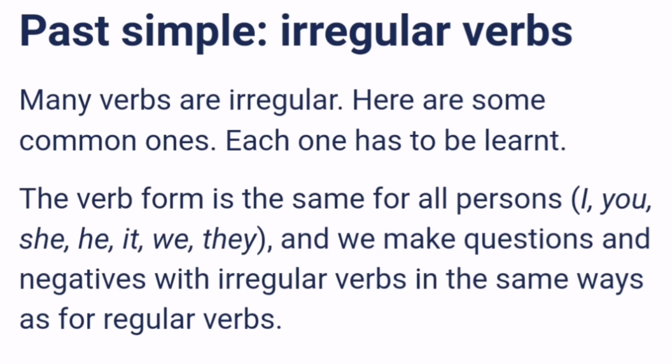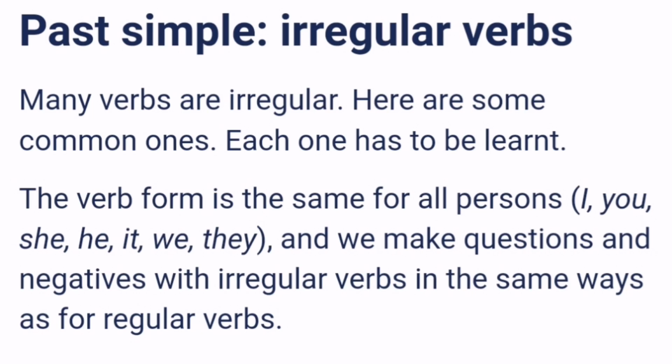Past simple irregular verbs: many verbs are irregular. Here are some common ones. Each one has to be learned. The verb form is the same for all persons: I, you, she, he, it, we, they. And we make questions and negatives with irregular verbs in the same way as for regular verbs.